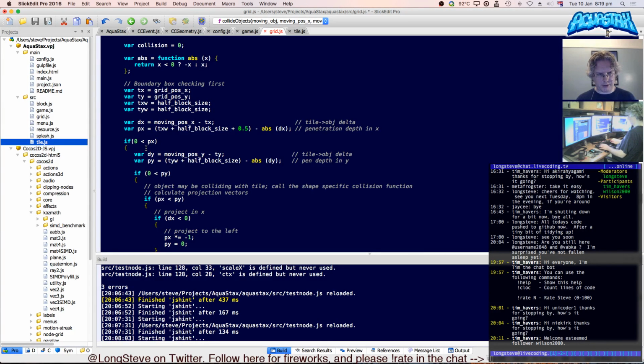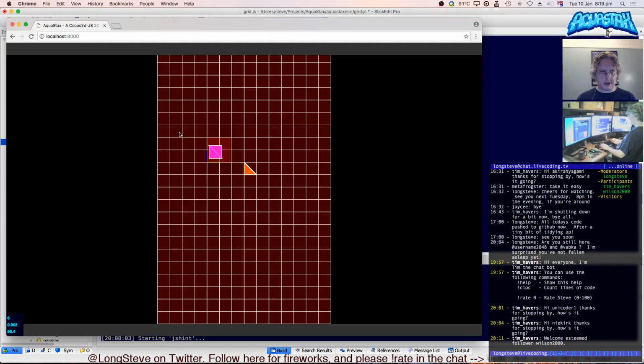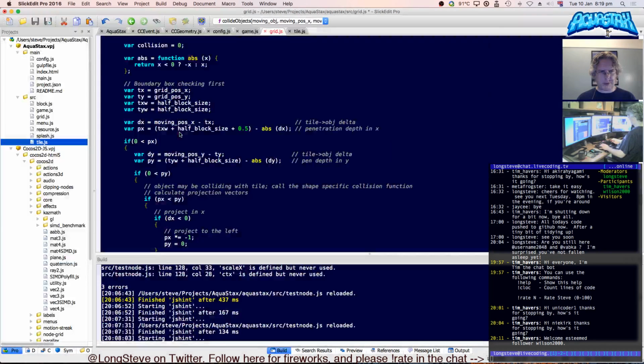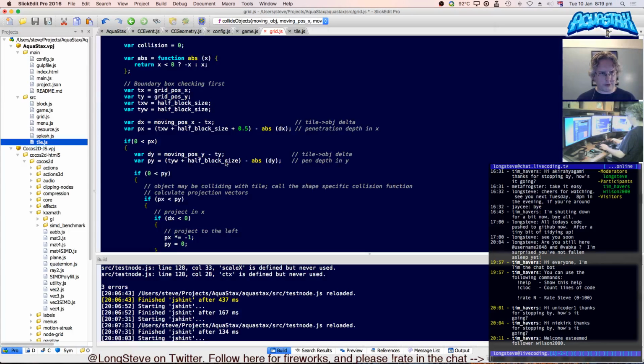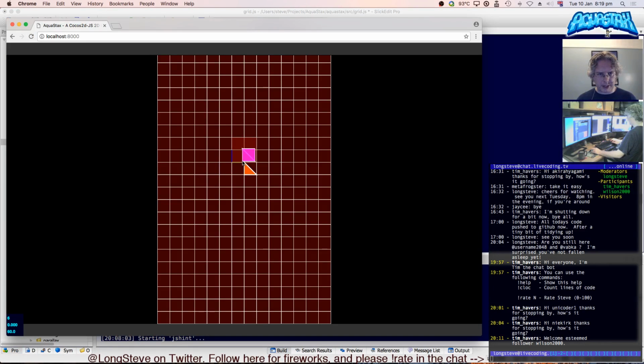If any one is greater than 0, sorry, if they're negative. So if the penetration depth in x goes negative, then one is inside the other in either direction. If it's positive in x, that will bail out. That one won't trigger, and the same with the other one.